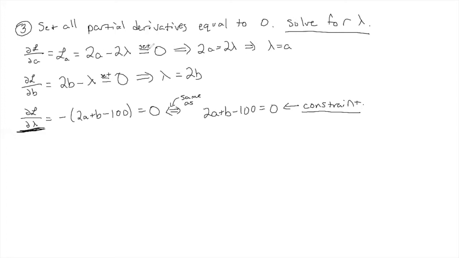You're free to solve these in any way that you'd like, but it does turn out that the best way, in most cases, is to solve for lambda. This is the way that I would recommend. So all I do is pick a variable, in this case lambda, and solve for it in every equation that I possibly can. In this case, it's only the first and the second that I can do this.